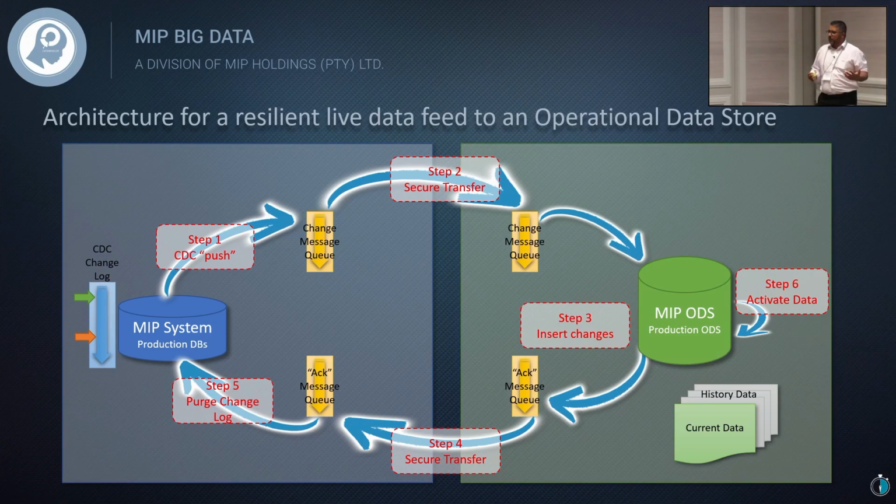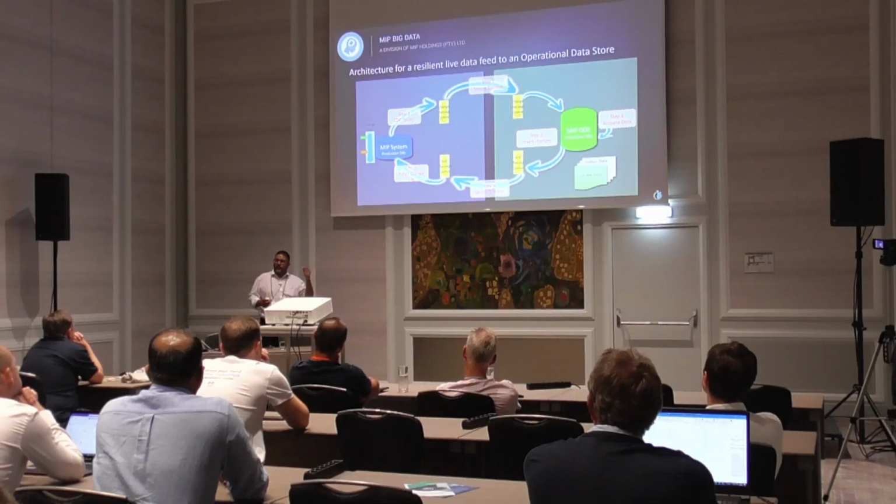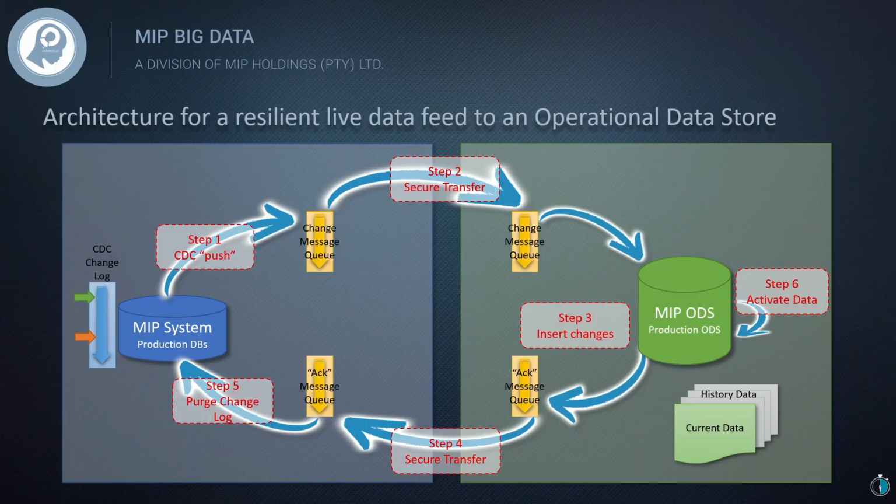Almost like auditing, where it says that record had a change, and so it keeps track of that. And what we do is we dump that data out, we transfer that data out onto a separate machine, we ingest that data into a SQL database, and then we send an acknowledgement message back to production.